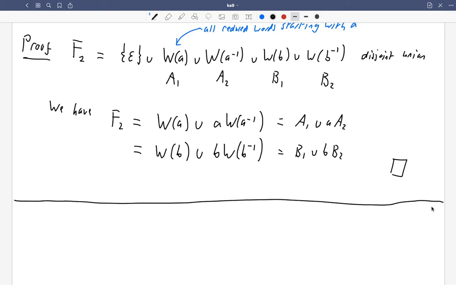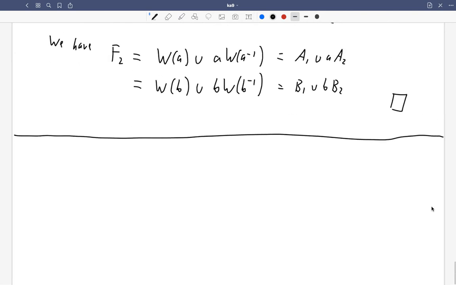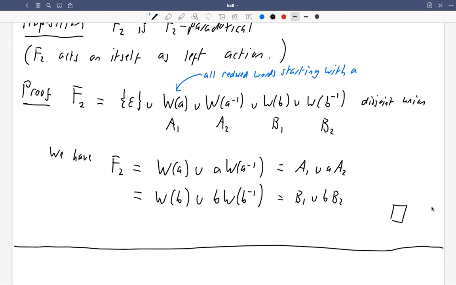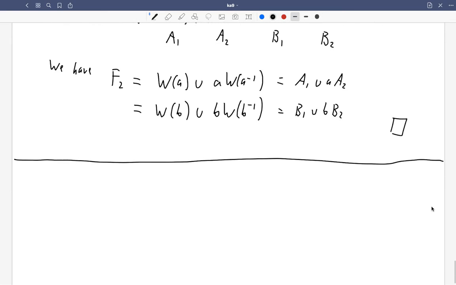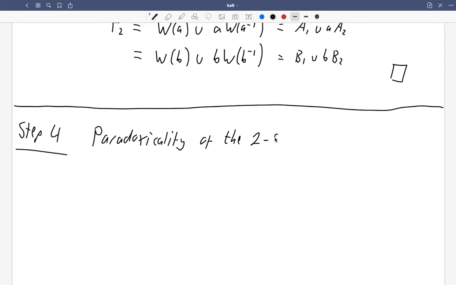Now we're still not looking at anything like the unit ball. So how are we going to go to the unit ball? And that's what we do next. So step 4 is the paradoxicality of the two-sphere. I'm going to write it like this, boldface S2.